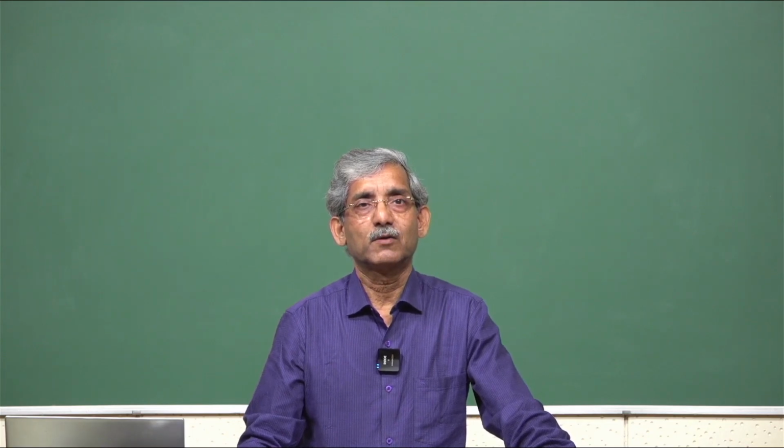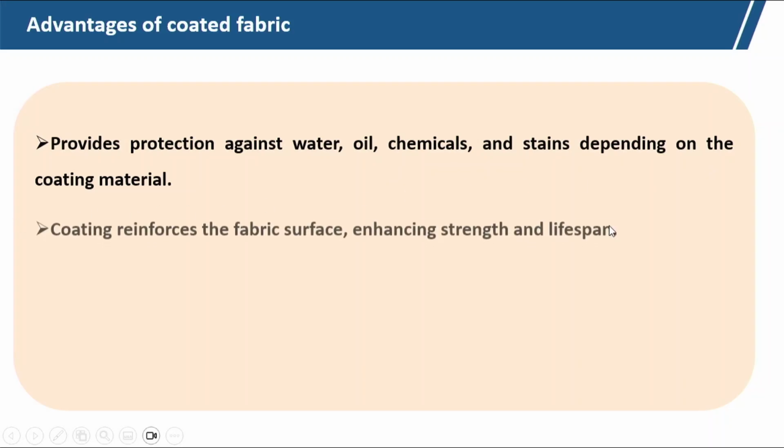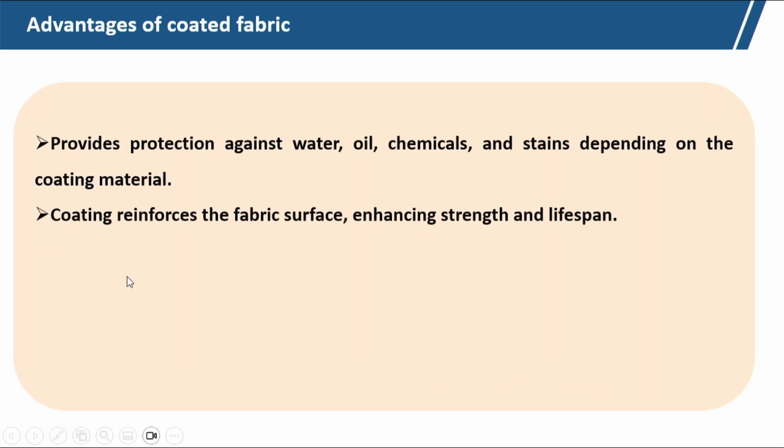The advantages of coated fabrics: they provide protection against water, oil, chemicals or stains depending on the coating material. Coating reinforces the fabric surface, enhancing the strength and lifespan. It also protects the fabric itself.